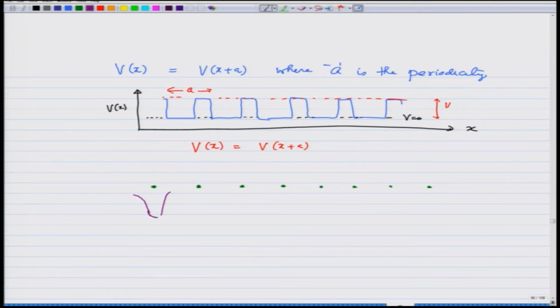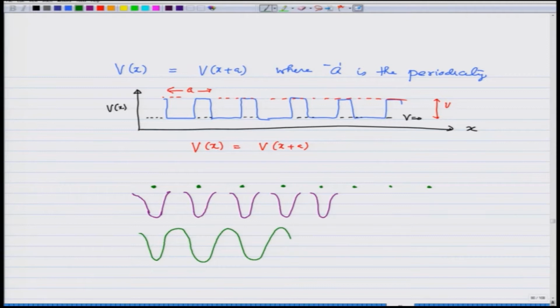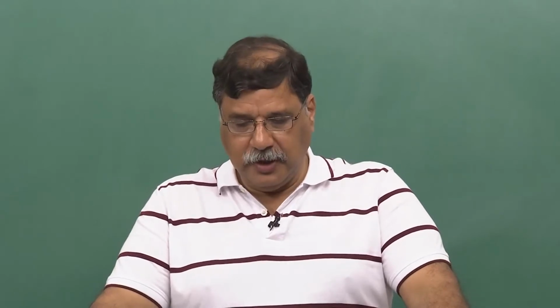Let us say for proper description I make it finite at the position of the one dimensional atom, and this repeats, is the same everywhere. So, finally, when I add all these potentials, what I get is a potential like I am showing in green out here like this, and it has a period of the distance between the atoms. So, this is also a periodic potential, and we want to solve the Schrodinger equation in this.